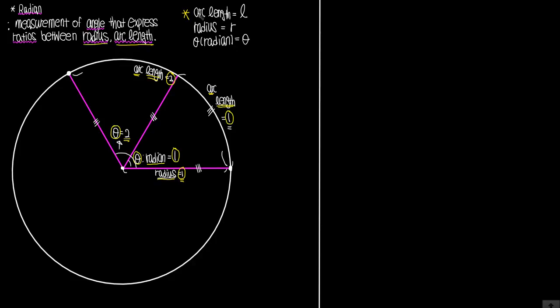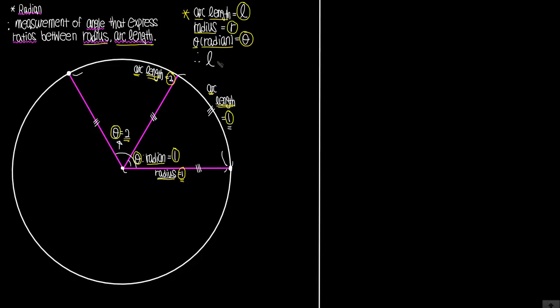We already derived this formula in the previous videos: if the arc length is L, the radius, which is half of the diameter, is R, and the angle rotation between the arc length and the radius in radians is theta, then we define the ratio or proportion equation in this way.